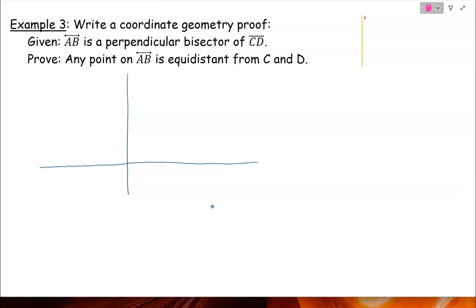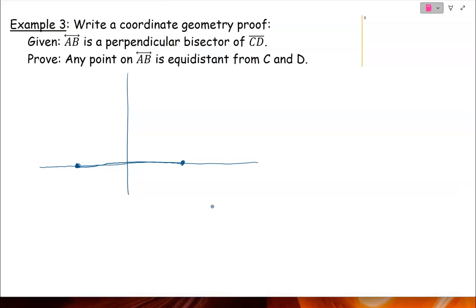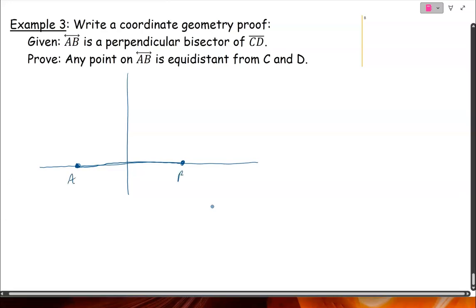So if we want a segment and a perpendicular bisector, it makes sense to put the segment right on the x-axis. There we go. So if I call this point A and this point B, and then we can say the y-axis is the perpendicular bisector.